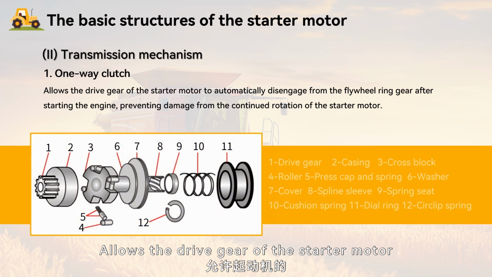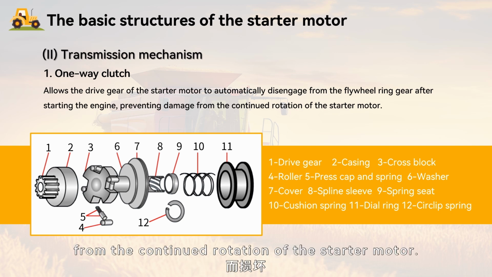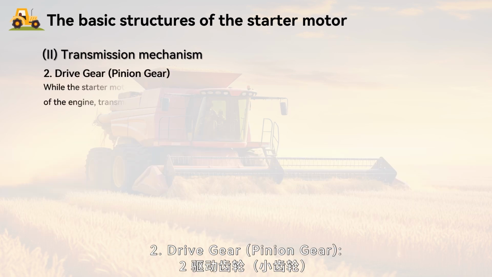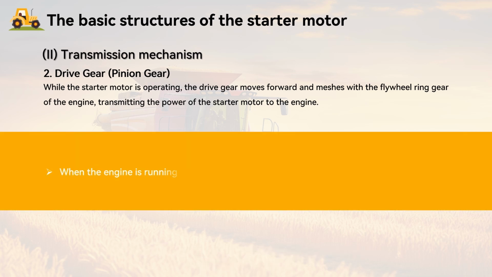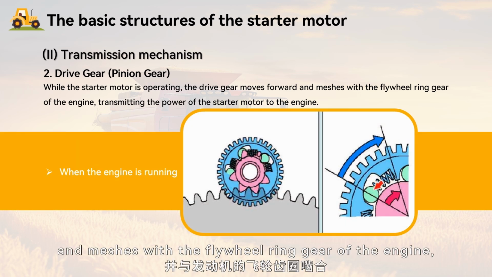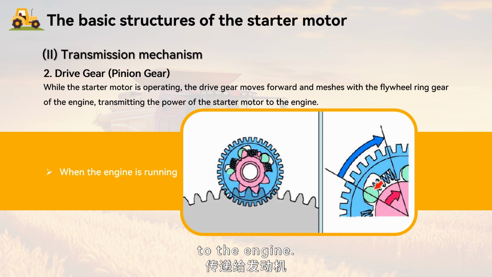Allows the drive gear of the starter motor to automatically disengage from the flywheel ring gear after starting the engine, preventing damage from the continued rotation of the starter motor. 2. Drive gear, pinion gear. While the starter motor is operating, the drive gear moves forward and meshes with the flywheel ring gear of the engine, transmitting the power of the starter motor to the engine.